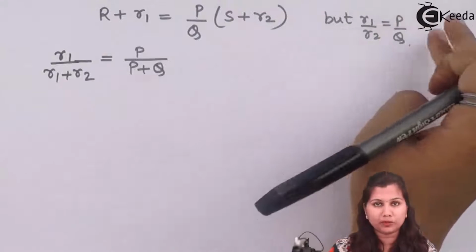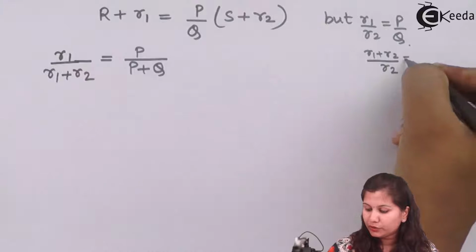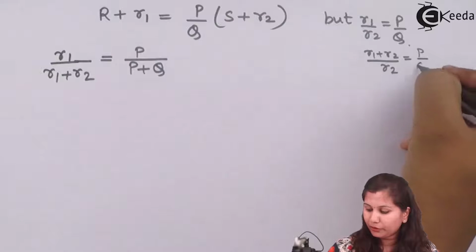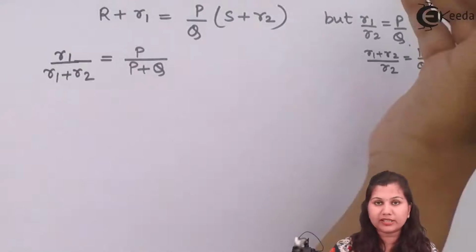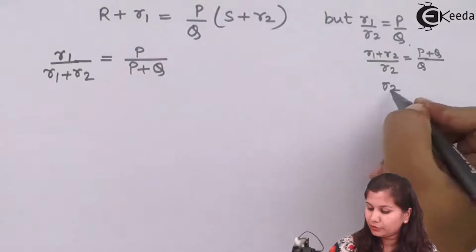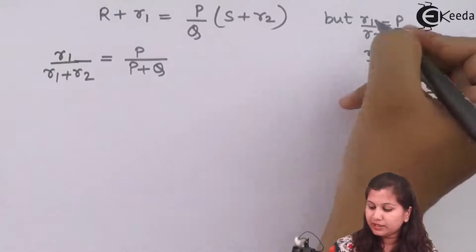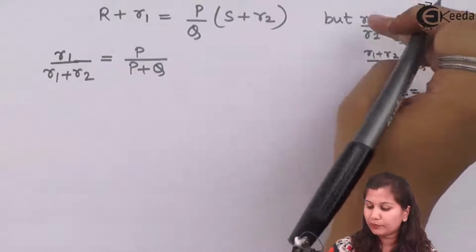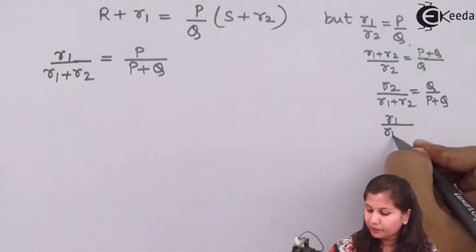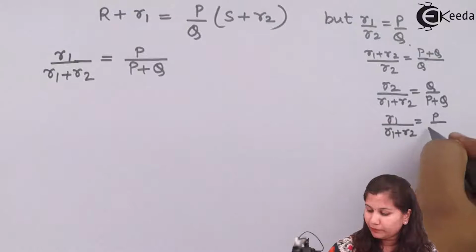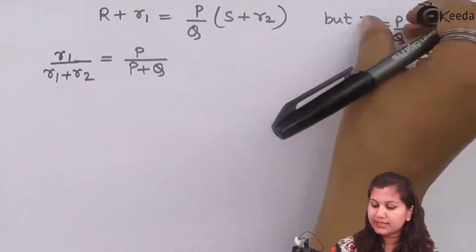We get R1 plus R2 upon R2 equals P plus Q upon Q. If we reverse this expression, we get R2 upon R1 plus R2 equals Q upon P plus Q. Similarly, if we take the reverse ratio, R2 upon R1 equals Q by P, and adding 1 on both sides, we get R1 upon R1 plus R2 equals P upon P plus Q. So we are getting these two ratios from this expression.